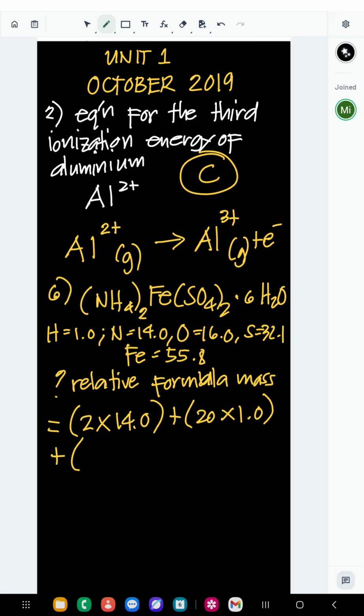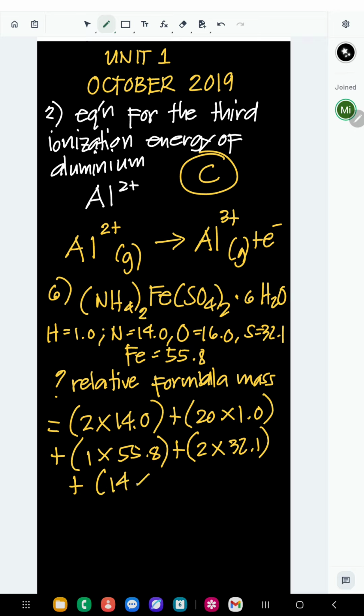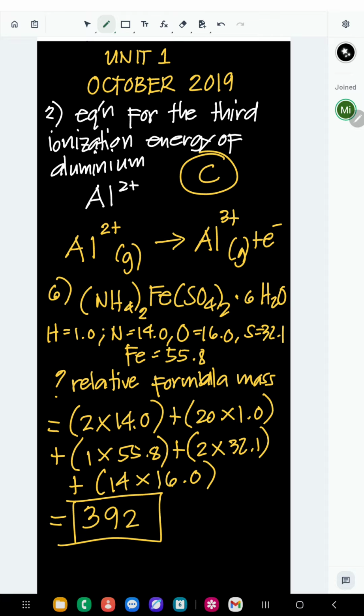We only have 1, so that is 1 times the molar mass of iron, plus sulfur. We have 2 atoms of sulfur times its molar mass, plus oxygen. So we have 8 and 6, so there's a total of 14 atoms of oxygen times its molar mass. Then we add them up. This would give us a relative formula mass equal to 392. So the answer here in number 6 is letter D.